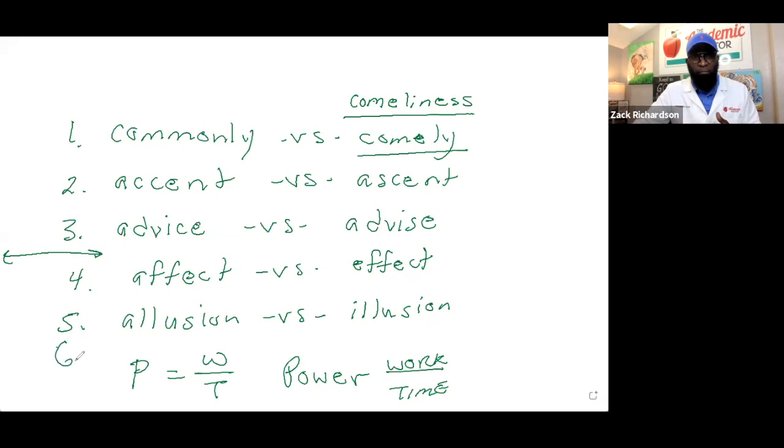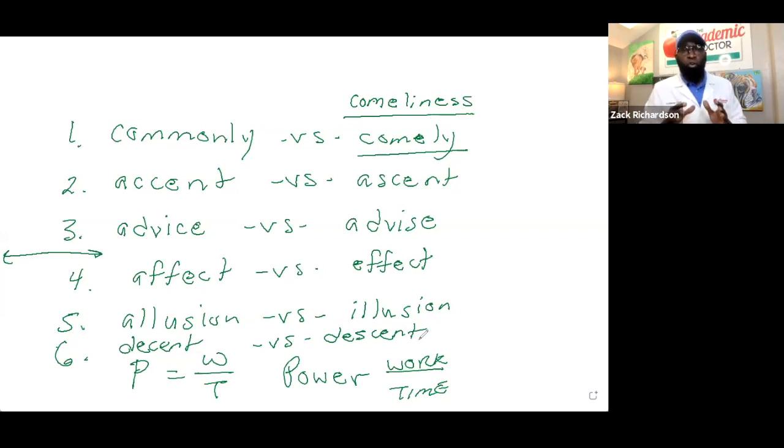You're going to have the word decent, which means to be in order, or the opposite of ascent is descent. So I'm just going to put that for now. So we have accent, how you decorate the room, or how you enunciate your sounds and syllables. And then you have ascent, which means to go upward.